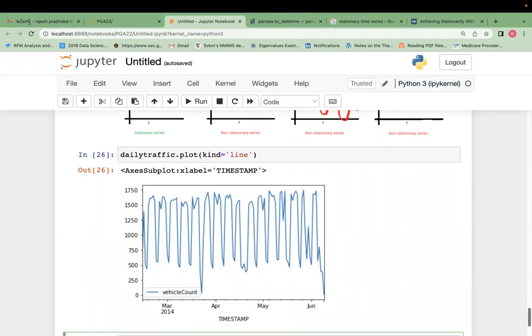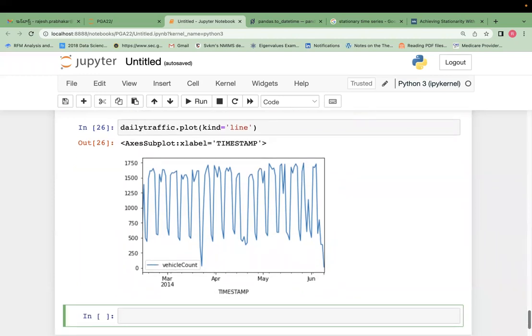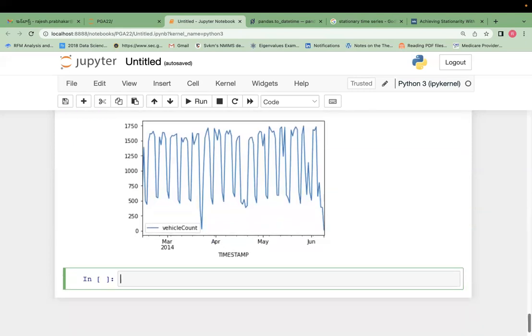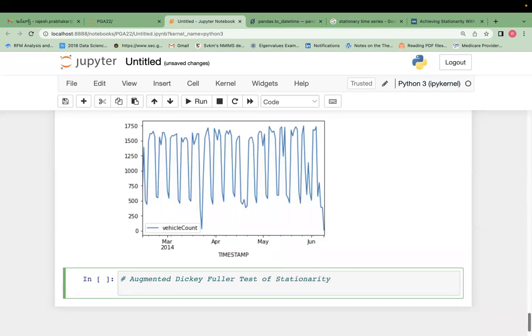If you are not able to make up your mind by seeing the visualization whether the data is stationary or not, we have certain tests to do it. The first one is the augmented Dickey-Fuller test of stationarity. This is a very popular test for finding whether the data is stationary or not.